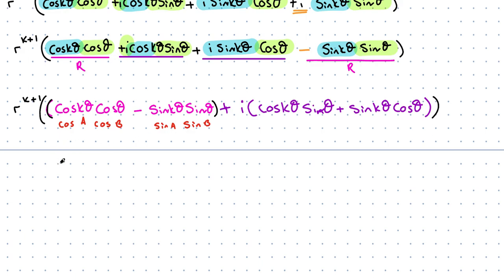All of that is actually cos of A plus B, where A is k theta and B is theta.